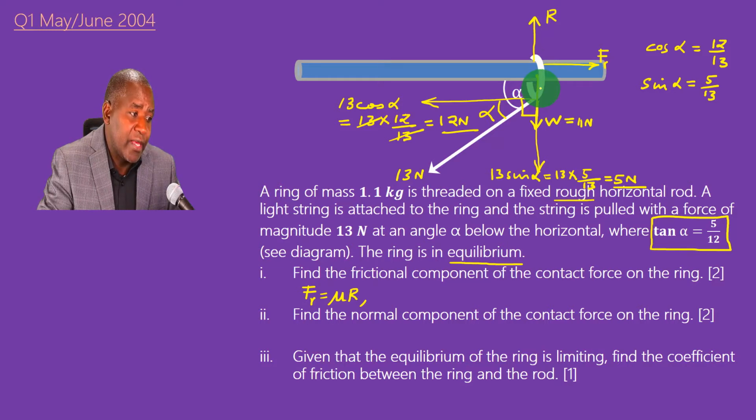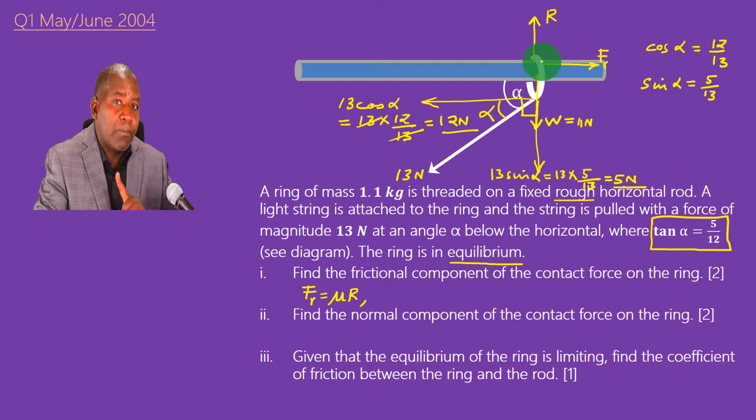I think there are three. There is the weight of the ring, there is the tension in this string, and there is the contact force. The contact force has got two components, R and FR. This tension has got two components, 5 newtons and 12 newtons, and the weight is 11 newtons. Those are the three forces acting on the ring: the tension, the weight, and the contact force.